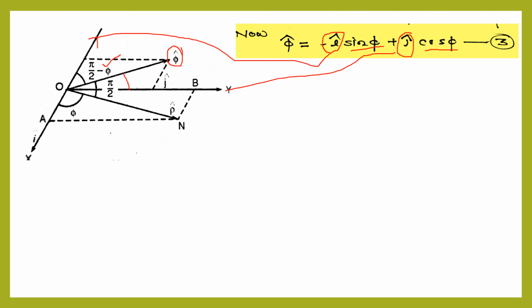Now we know that r cap, theta cap and phi cap, all three are functions of theta and phi. So we have to find the differentiation with respect to theta and with respect to phi of all three functions.